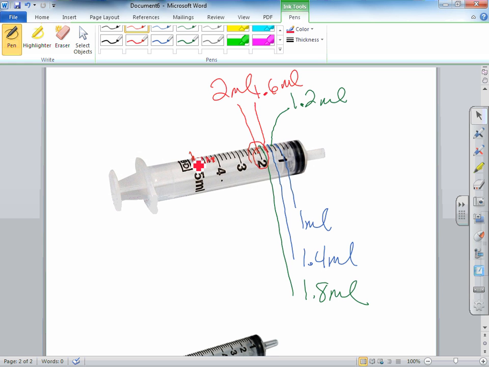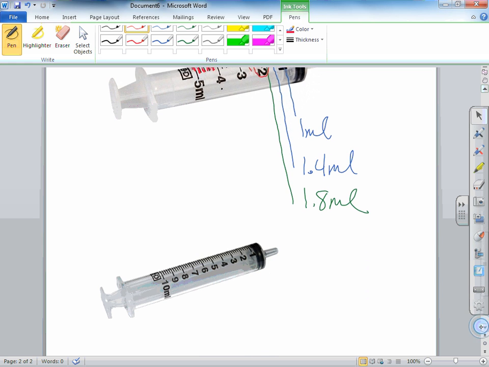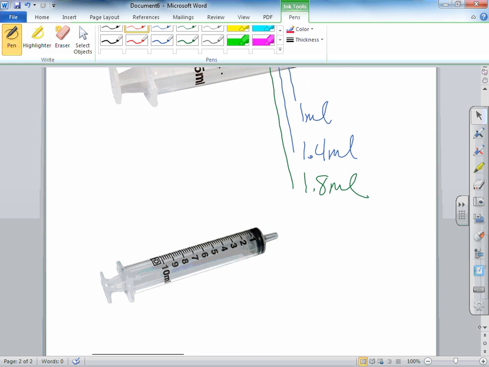All right. Let's look at a 10 milliliter syringe. A 10 milliliter syringe, between the whole numbers, I'm going from 9 to 10 milliliters. I see 4 lines in between each whole number. The whole number is an actual whole number. There's not a half point there. So that means that in between each whole number, the increments is 0.2. All right.